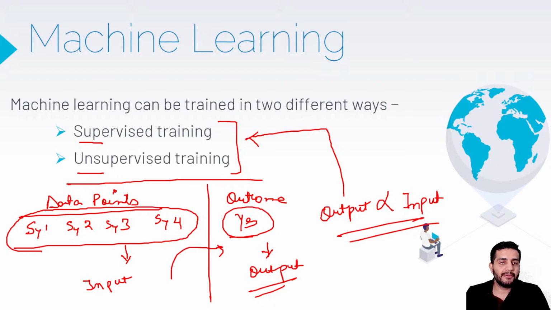But on the other hand, when I talk about the unsupervised method, in this case I do not have the outcome. I only look at the data points. Again, there are certain classic examples. If you remember, I was talking about loyal customers. For any brand, imagine I'm running an online merchandise store.